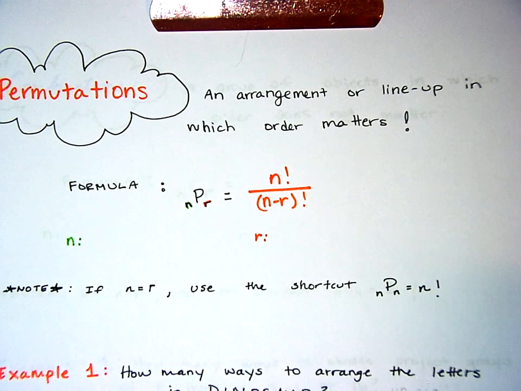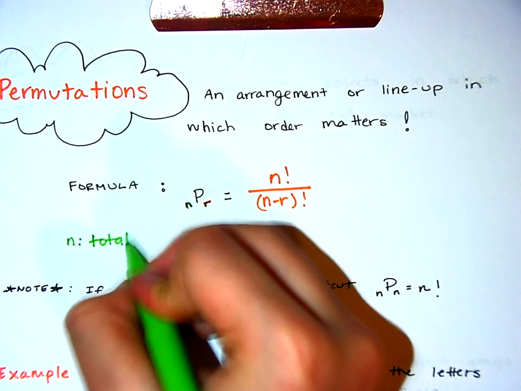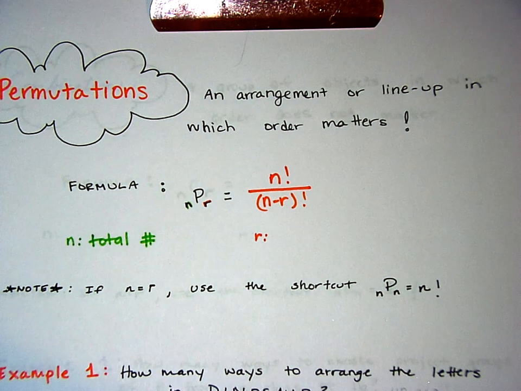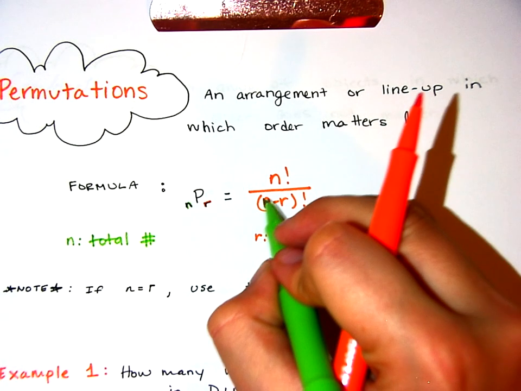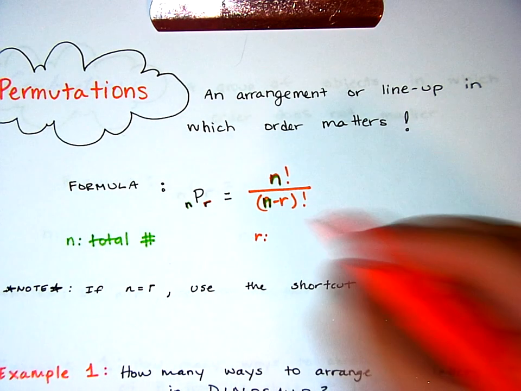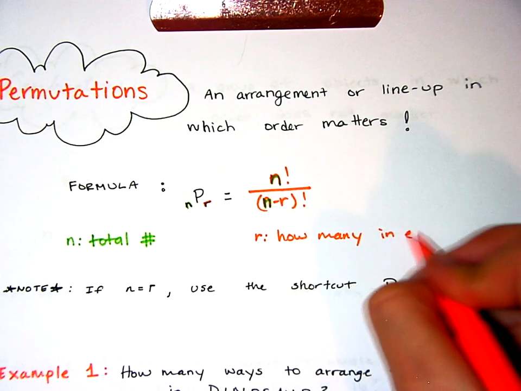Okay, so our n value is the total number of objects, so it's whatever we're picking from. This is our total number. And then our r, my n is green, my r is how many I'm picking for each arrangement. So this is how many in each arrangement.